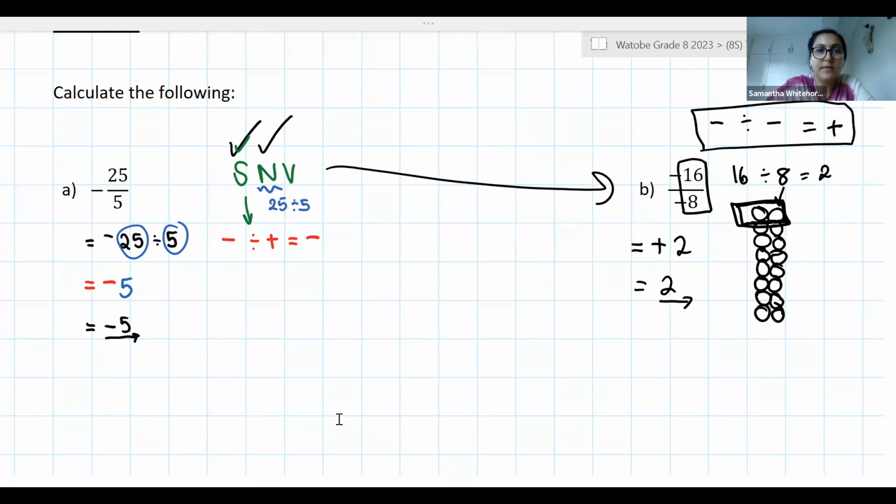Shania, do you have a question? Yes, Miss. Is it fine if I write it like negative 16 divided by negative 8 equals 2? Yes, that's fine, as long as you're getting positive 2.